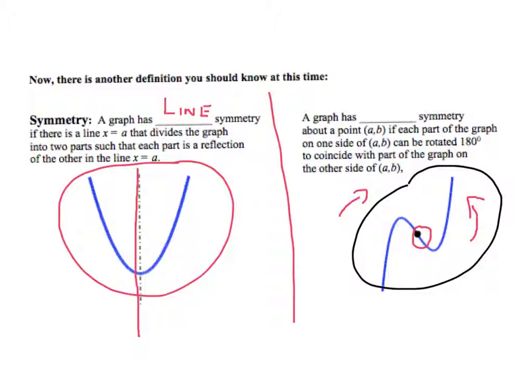This is said to have point or rotational symmetry. And again, you just need to know what it's called, and you need to recognize it when you see it.